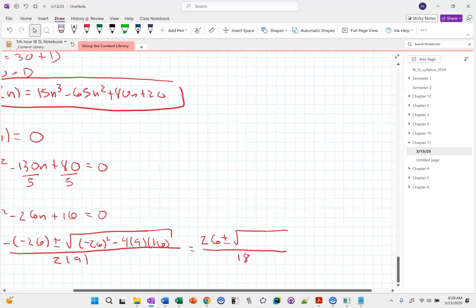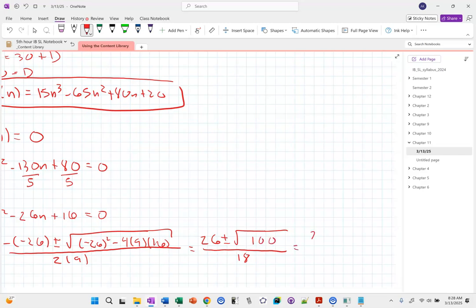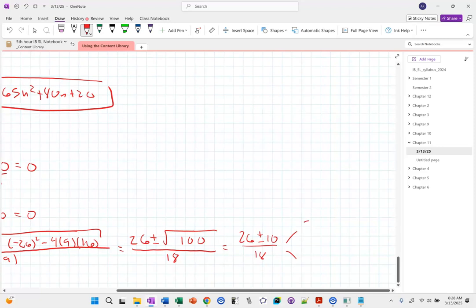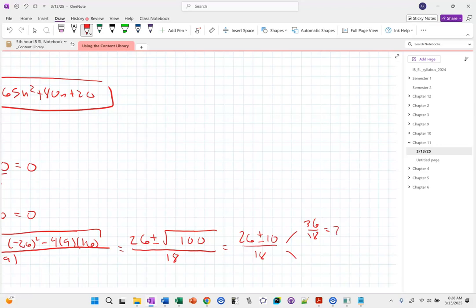What you got? 100? Spectacular. I love that because it's a perfect square. That makes life so much easier. So I have 36 over 18, which is 2. And then I'll have 16 over 18, which is 8/9.